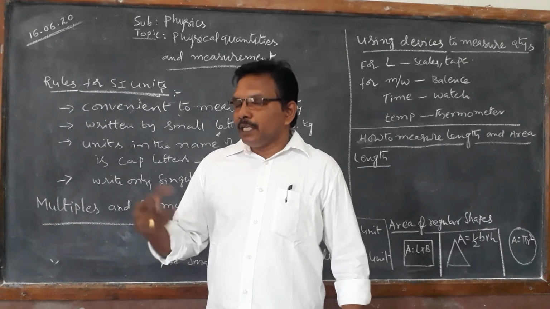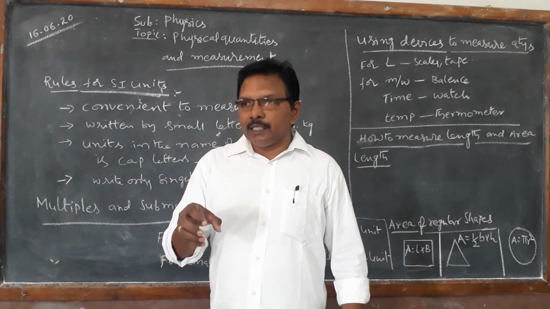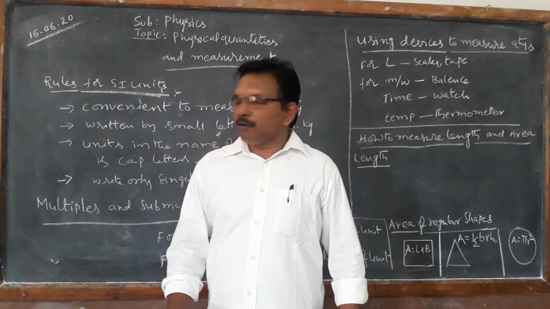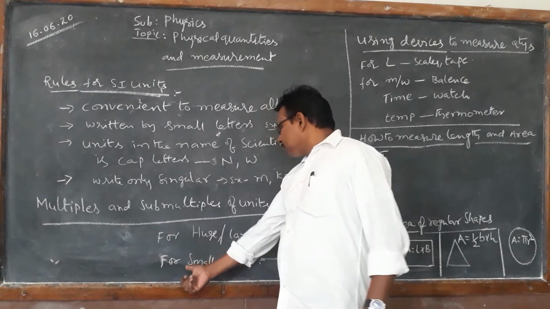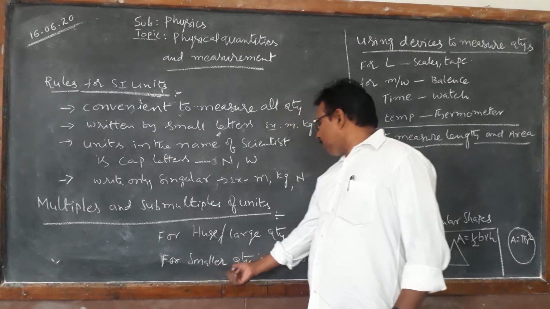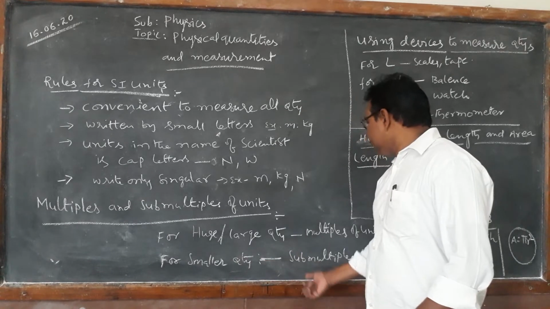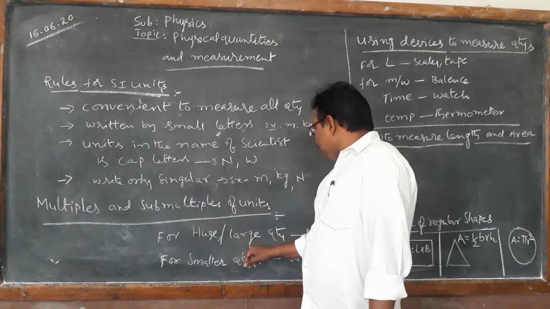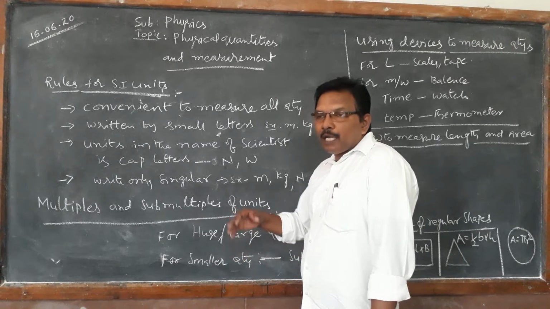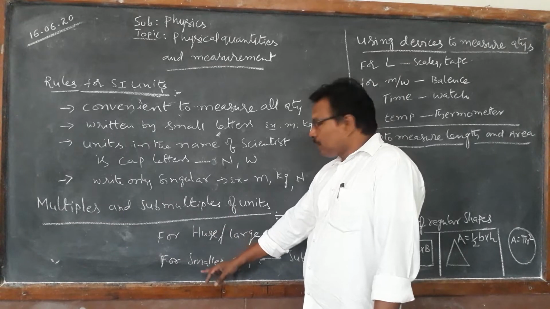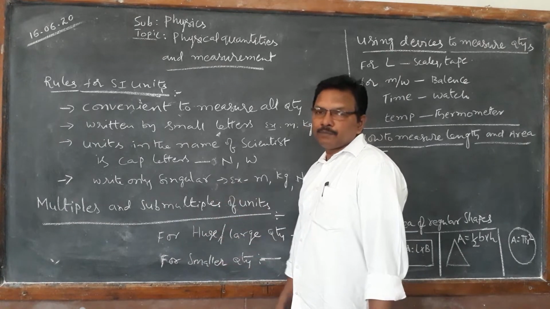So centimeter is a small quantity expressed by dividing the unit. Submultiples are used only to express smaller quantities. Once again, to express large and huge quantities, we use multiples of units. To express small quantities, we use submultiples of units.